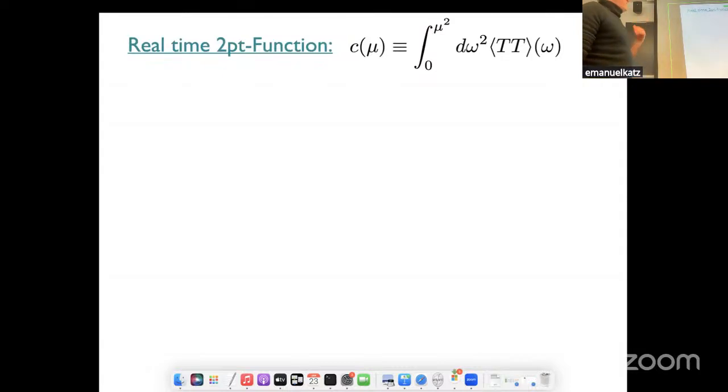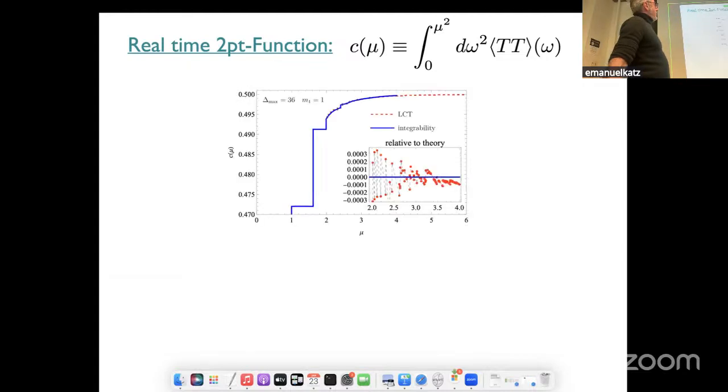Here's another observable, the real-time two-point function. You can take the stress tensor, take its real-time two-point function, Fourier transform it into frequency space, and integrate the frequency up to some maximum mu squared. That is a particularly interesting quantity because it's a holographic C function. This function always increases as you go to higher energy, so the integral is always bounded by the number of degrees of freedom of the theory.